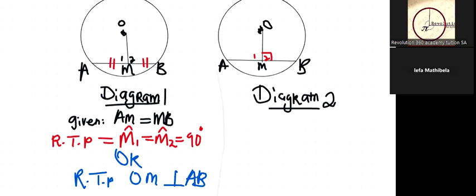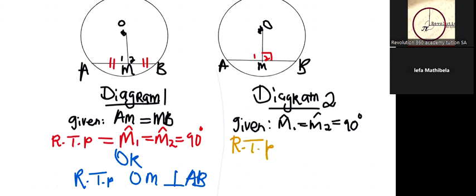So here you're given that M1 is equal to M2 is equal to 90 degrees. And then your RTP, don't forget in maths, it means required to prove.